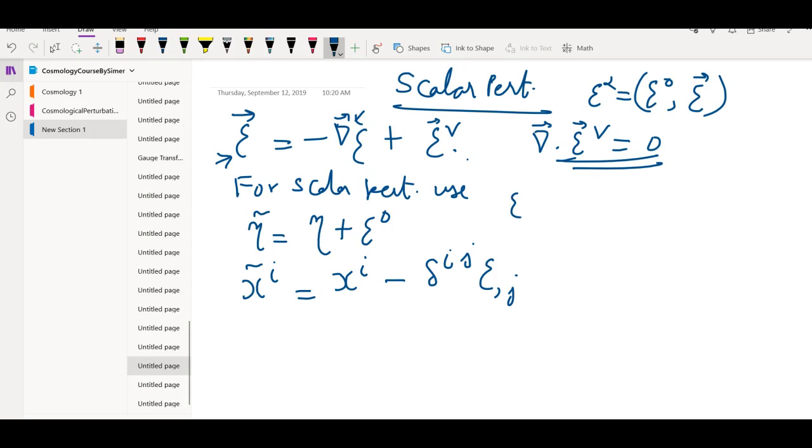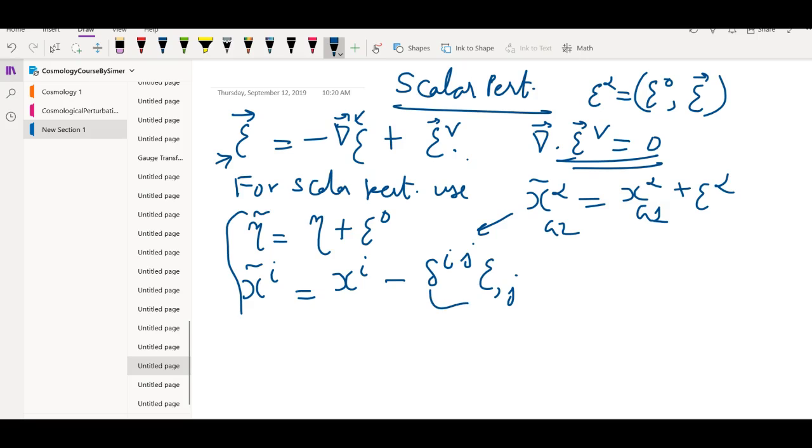So from xi alpha, from x alpha, this is gauge 2 and this is gauge 1. We have this, and xi I is written in terms of this component.